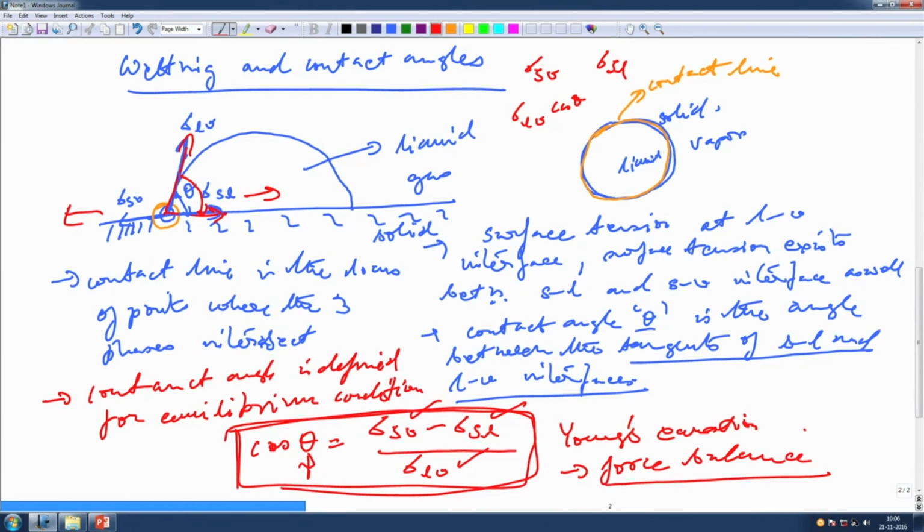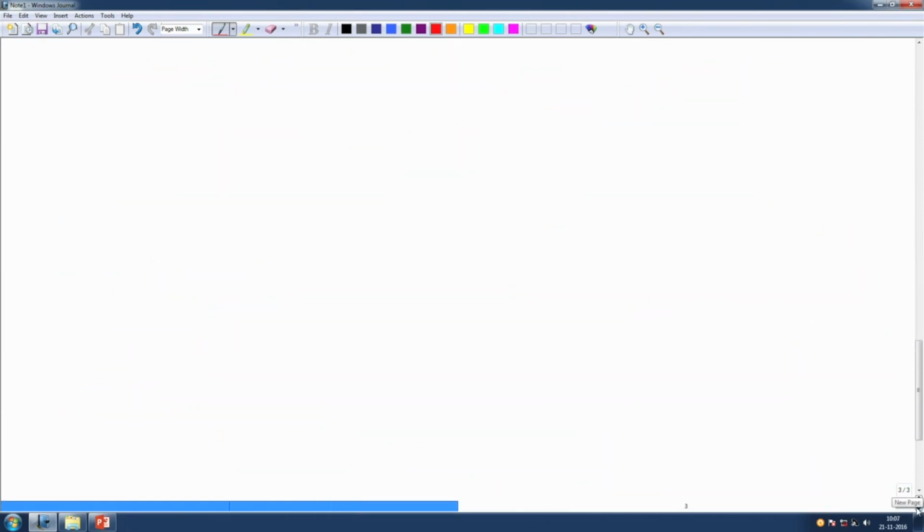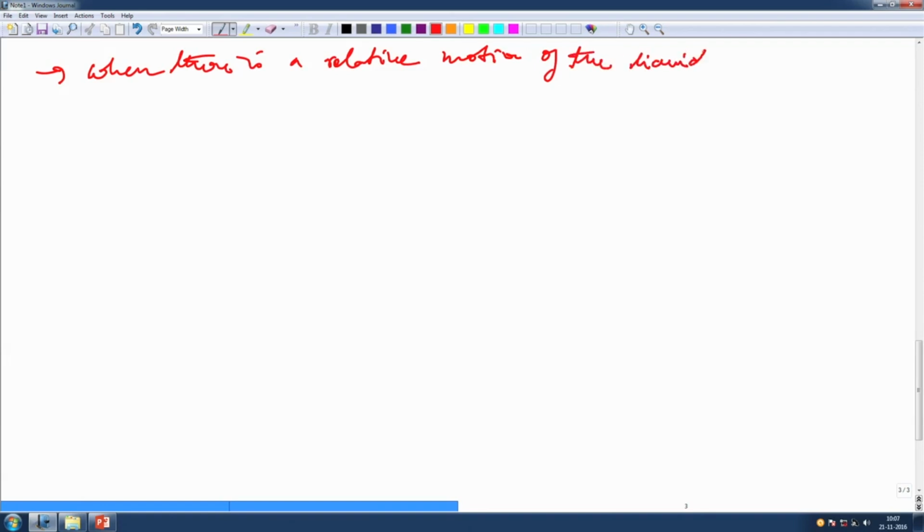Now, let us look at this thing in a little bit more detail. This is valid only when it is in an equilibrium condition. Now, let us look at when there is a relative motion of the liquid drop over a solid surface.